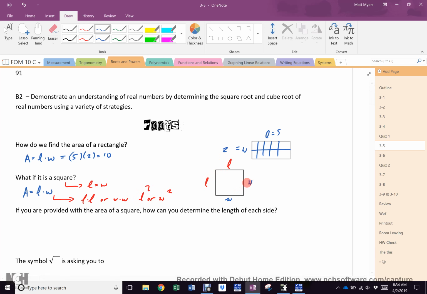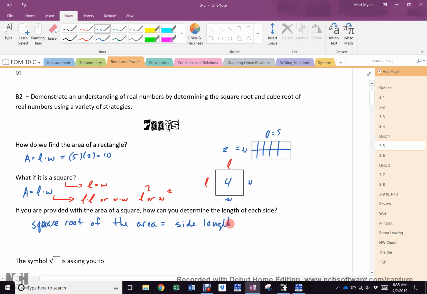Okay. If I give you the area of a square, this square is 4, how are you going to tell me what W and L are? You're going to square root. That's where the name comes from. Everybody with me? You would take the square root of the area, and that equals the side length.